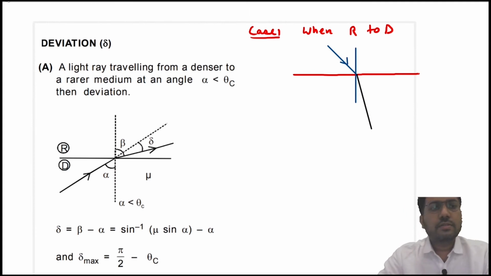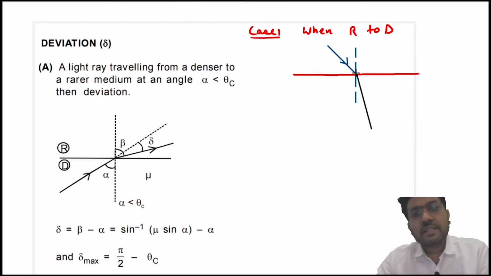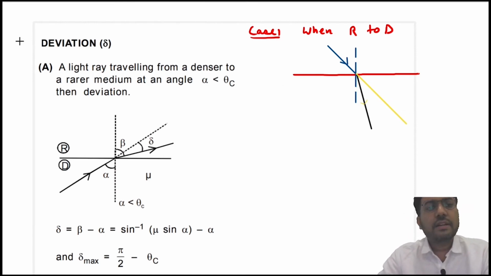So this is bending towards the normal here, and the angle of deviation is found by the angle between the incident ray and the emergent ray. Now this is the emergent ray here. The angle between the incident ray and the emergent ray is called the angle of deviation.